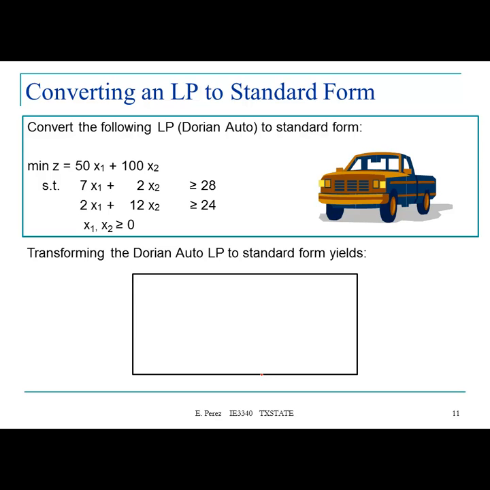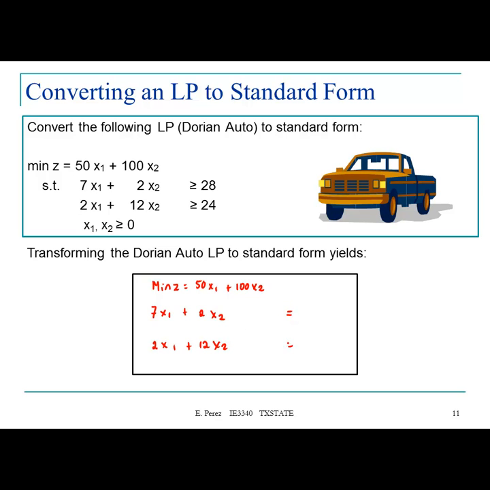So in that case, we start with our objective function, minimization of z equal 50 x1 plus 100 x2. We have our first constraint, 7x1 plus 2x2, and 2x1 plus 12x2.